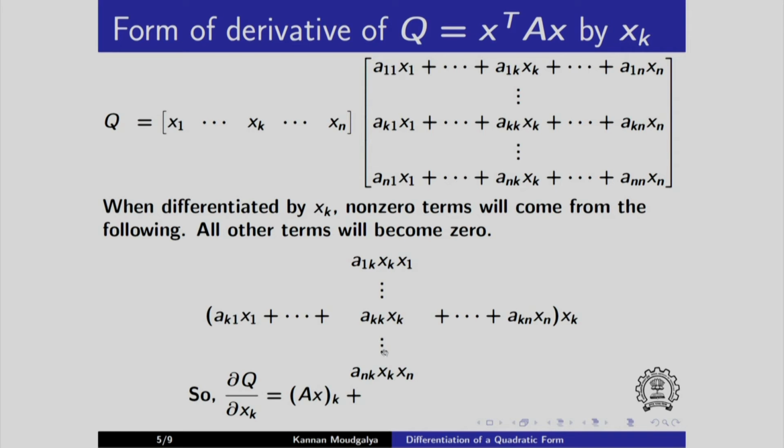And what about this? This is nothing but the kth row of the transpose. To see this, note that I have k1 here, I have 1k here. So we can say that this is nothing but the kth element of A transpose x. This is a scalar, because if you add all of this, you will get a scalar, and this k goes from 1 through n.